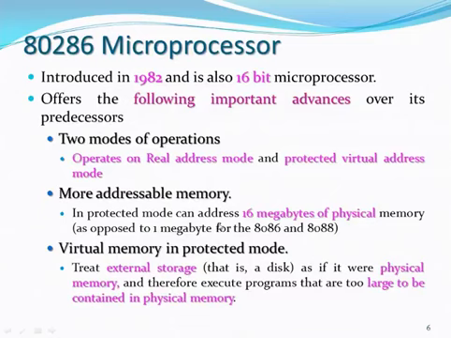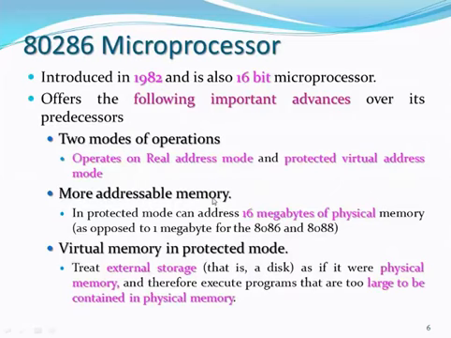In protected mode it can address 16 megabytes of physical memory, as opposed to 1 megabyte of the 8086 and 8088. Look at how big a memory size you are using here to execute an instruction with the 80286. Does it make sense? For the 8086 and 88, the maximum capacity was 1 megabyte, and here you have 16 megabytes of physical memory address. Does it make sense?